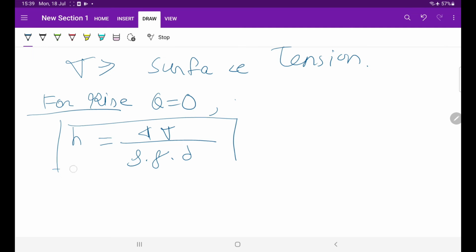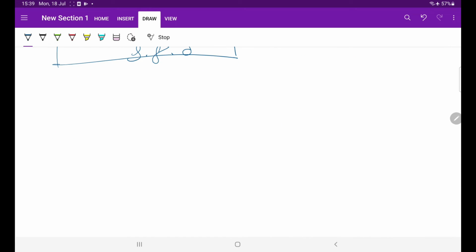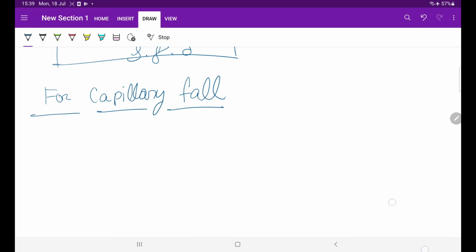This is the formula when cos theta equals 1. Now we have to understand the capillary fall. For liquids like mercury, the capillary fall occurs instead of the rise. Mercury is a very special liquid, and the capillary fall occurs in mercury, right?